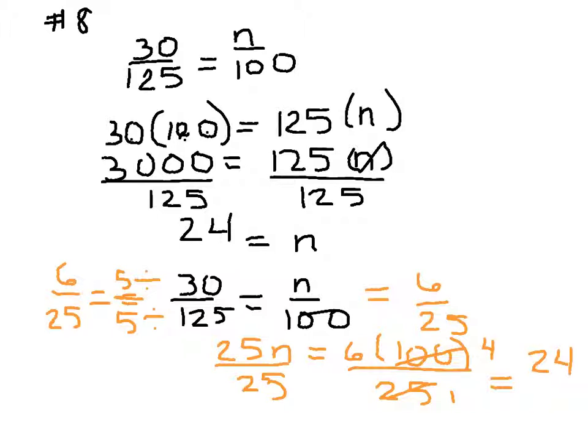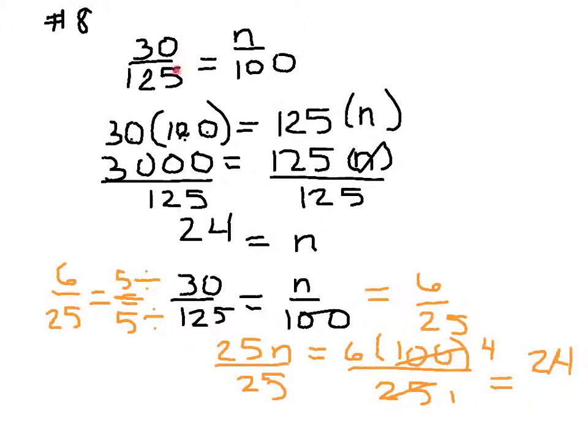Okay? All right, so in this particular problem, I need to ask you a question. I thought of it now. If in the fraction that I have the numerator is smaller than the denominator, then when I solve for n, if it's in the numerator, it still must be smaller than the denominator.